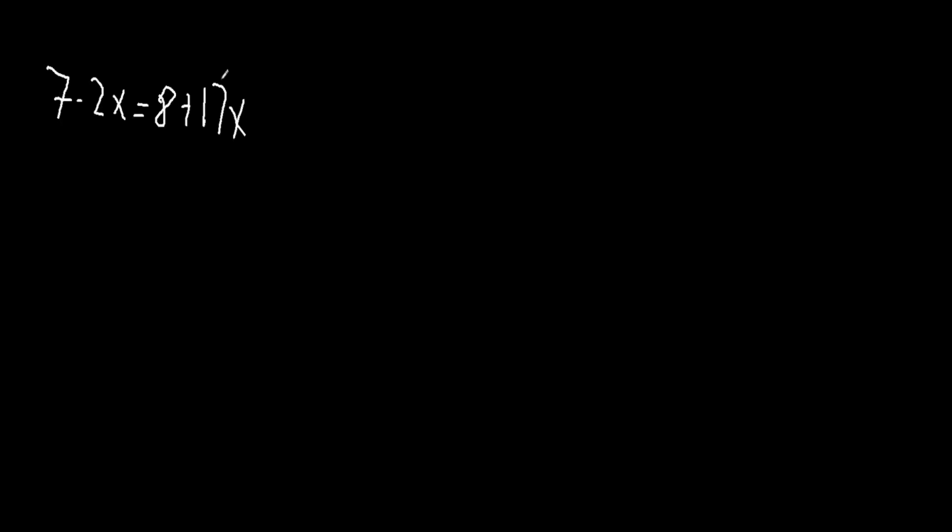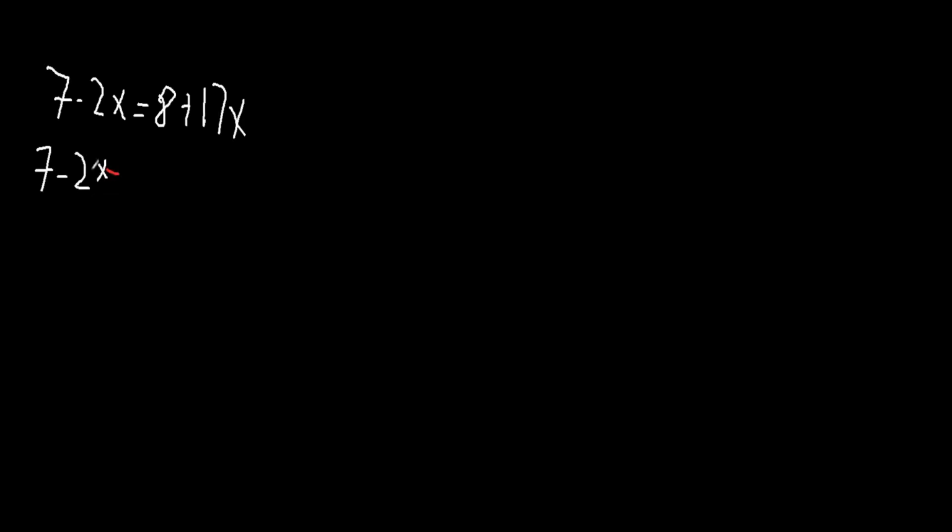We have 7 and we have this 8 here, and we have our negative 2x and 17x here. So we're basically following the same principle and collecting our like terms and balancing this equation. So if we start with our numbers, we have 7 minus 2x, and we can balance this equation by moving the 7 to the left side, to the right side.